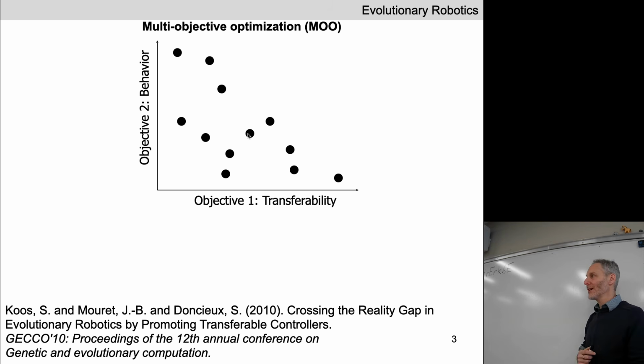What about this one here in the middle? Keep it? Okay, we're back to making arbitrary decisions here, which we want to try and avoid. One of the reasons why MOO is so popular is that we're going to see in a moment that we can throw away these arbitrary decisions.